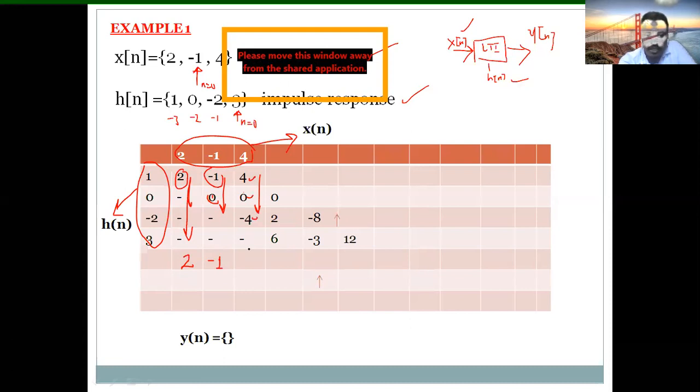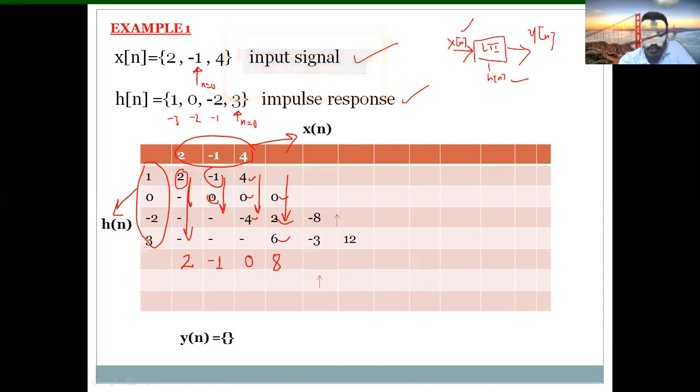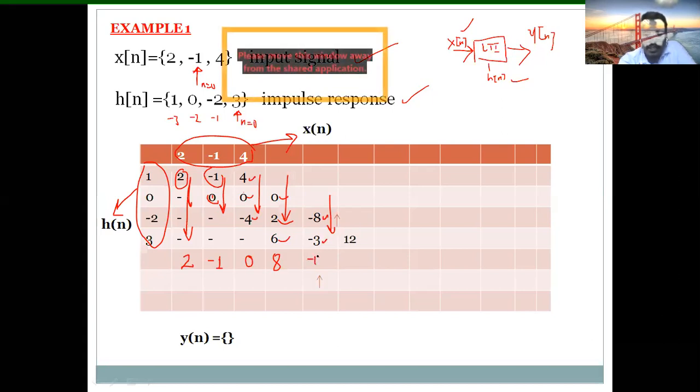When you add, it will be 0, -4 plus 4. Next column, here I have 0, 2, and 6. The summation will be 8. Next row, we have 2, -3, and -8. When you add, it will be -11. Lastly, we have only 12, so it will be 12.